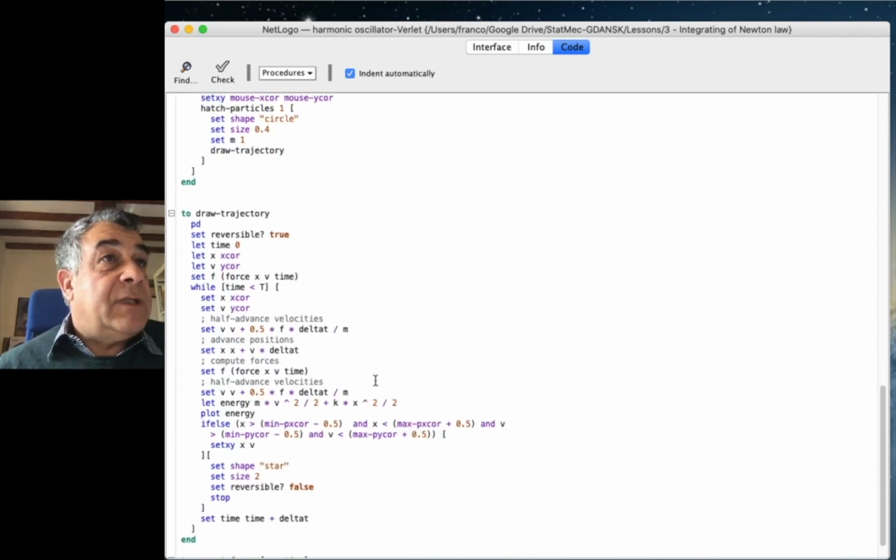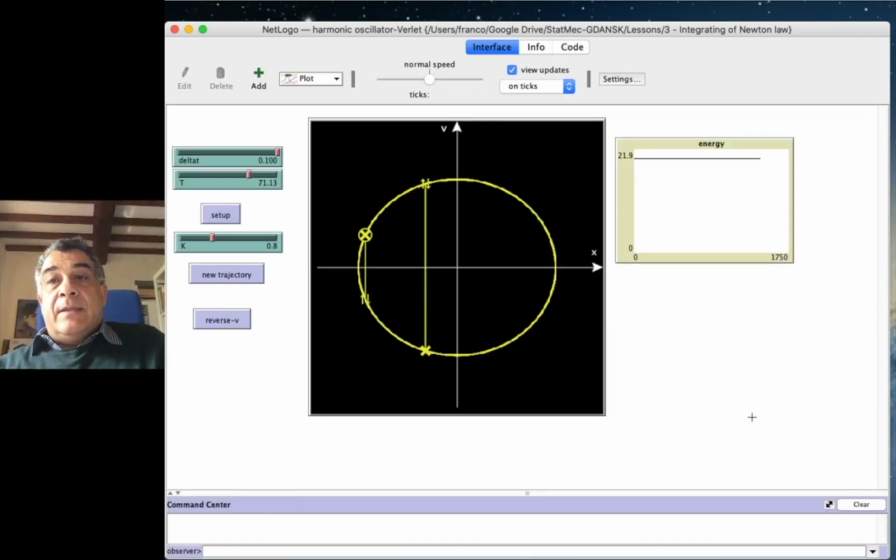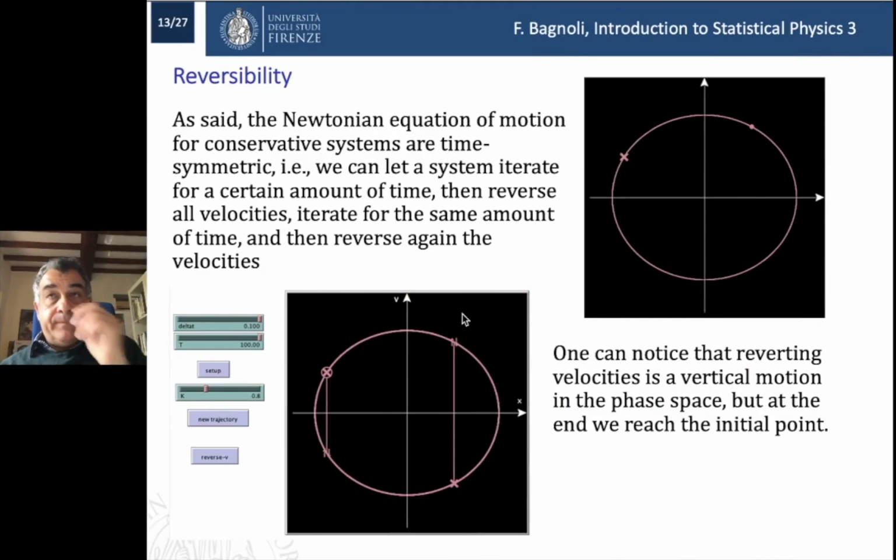And that's all for this model. And we can go back to our screen and continue with the illustration.